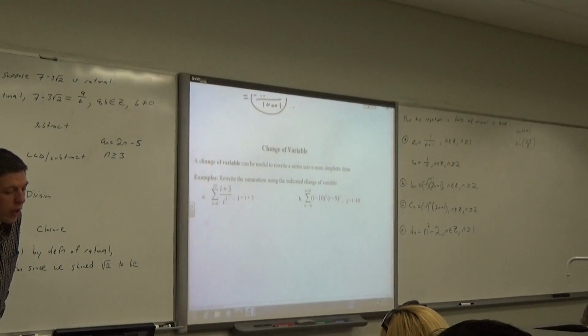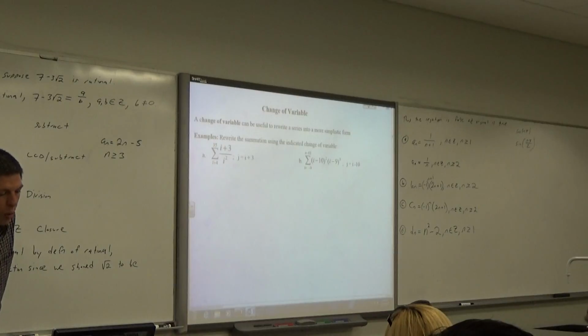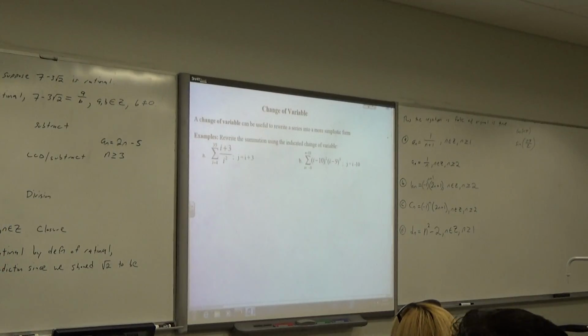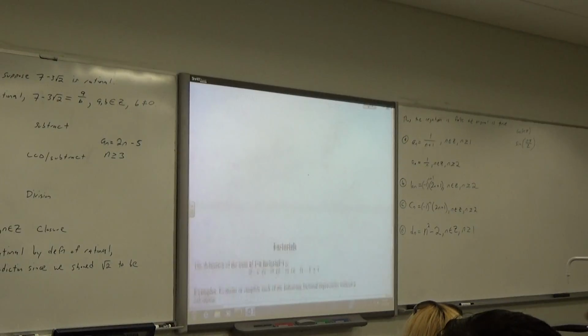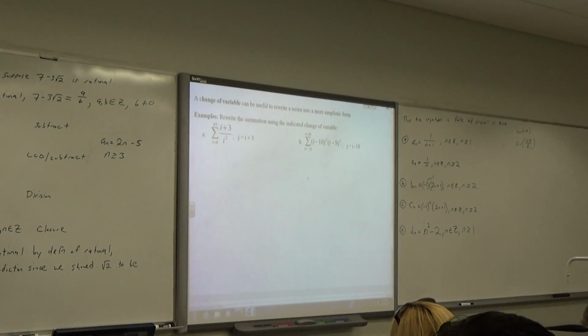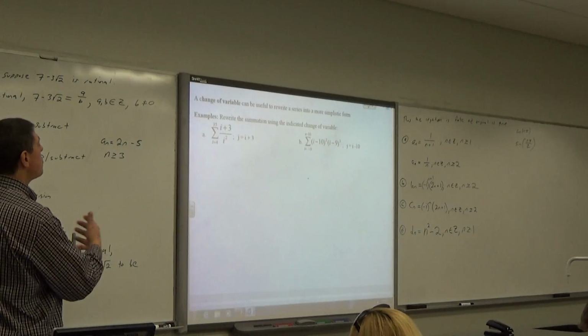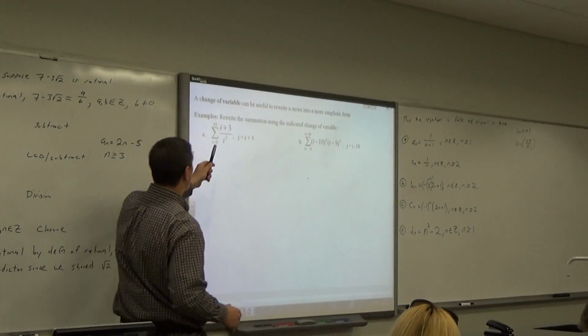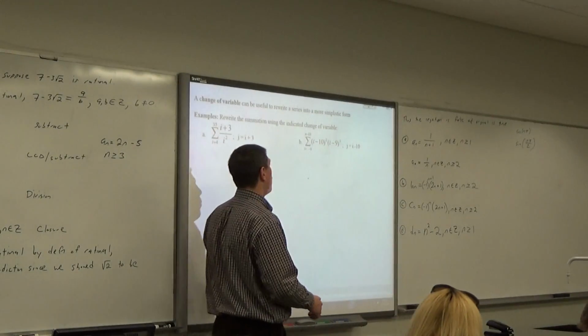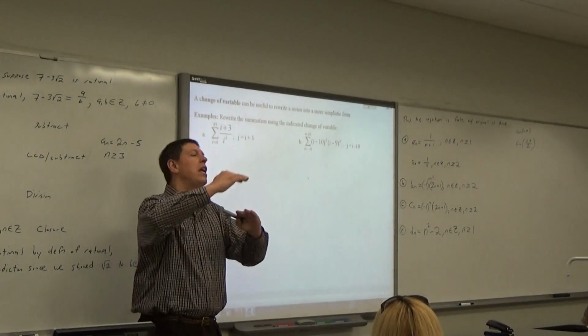Another idea that we're going to have to utilize when we do our proofs by induction is something called a change of variable. These problems are actually really easy. Like I said before, it's always easier if you can write your series or your sequence in a simplistic form. Sometimes we can take a series that looks ugly and just change the index.